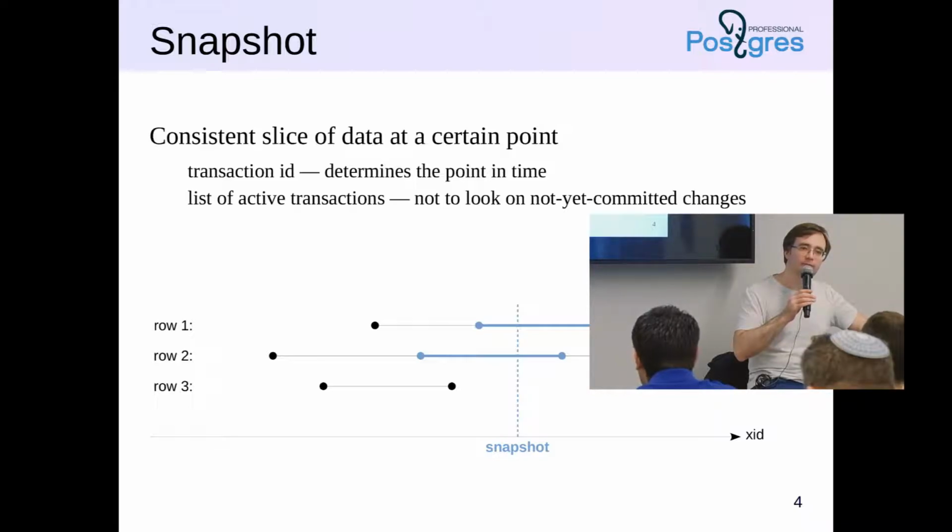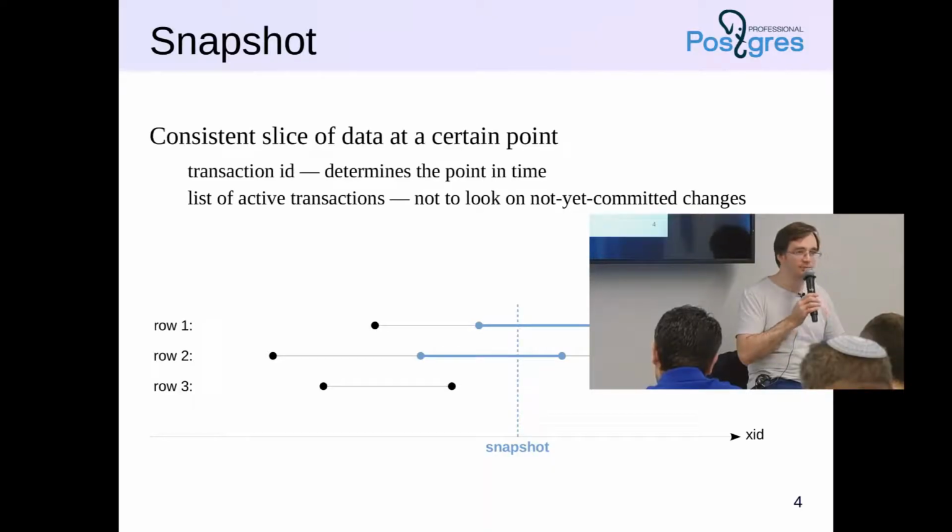And also we must have a list of active transactions at the moment when we create our snapshot.